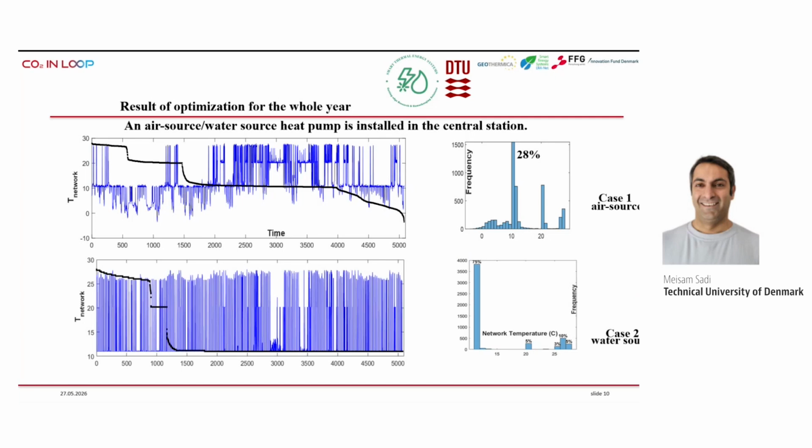We have the optimum value for the network temperature when we have air source in that case.